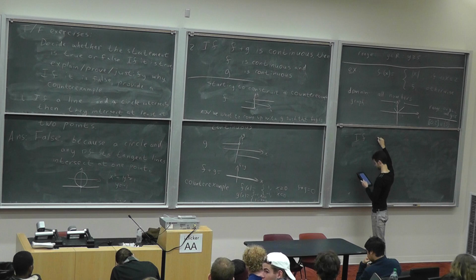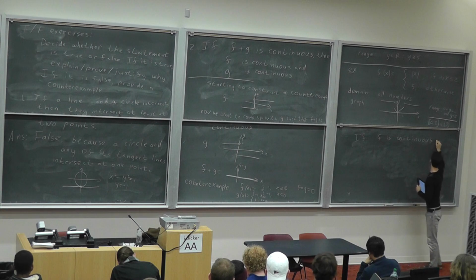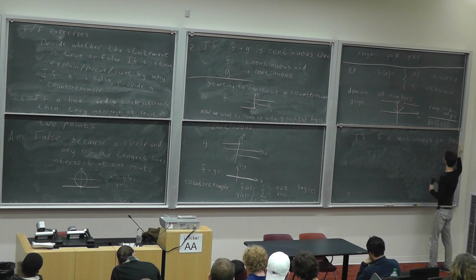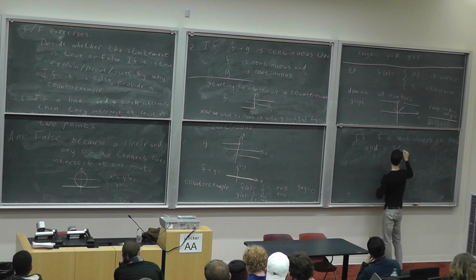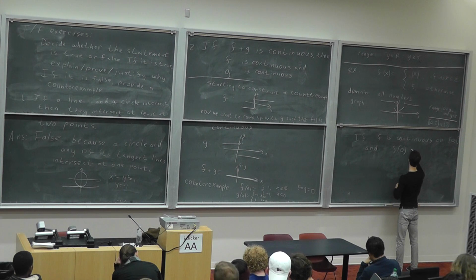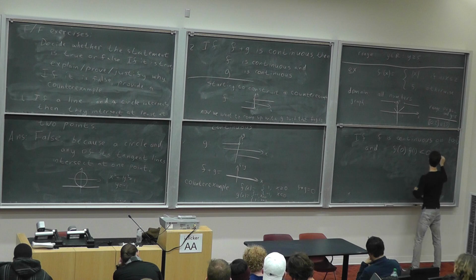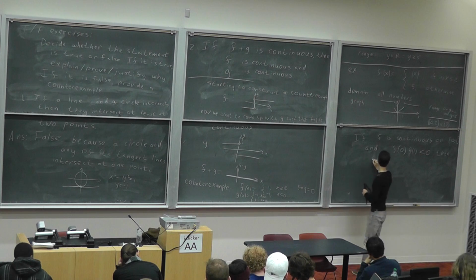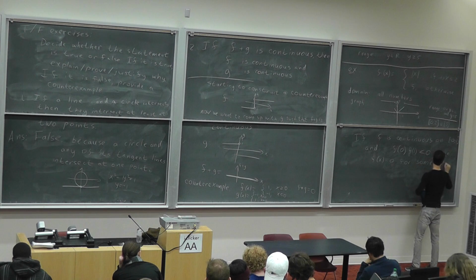So if f is continuous on [0, 1], and f of 0 times f of 1 is smaller than 0, then f of x is equal to 0 for some x between 1 and 0.